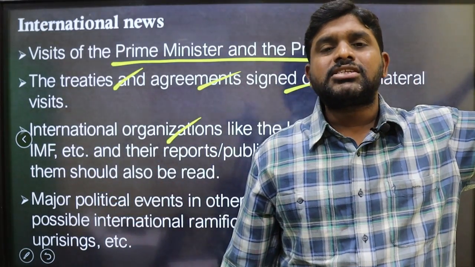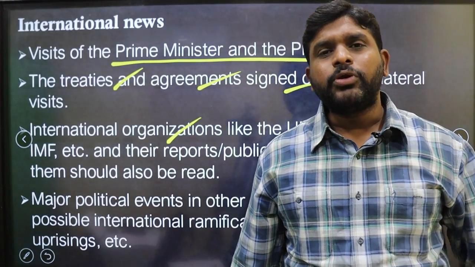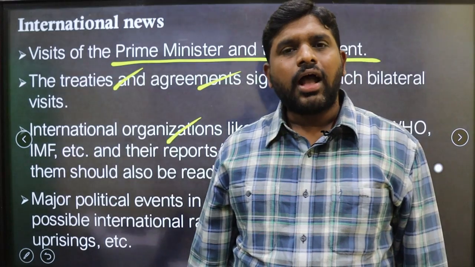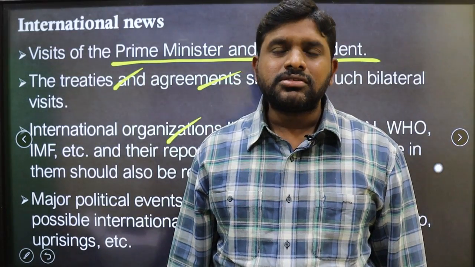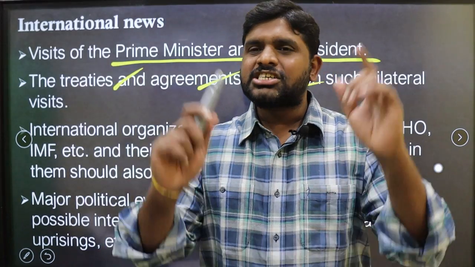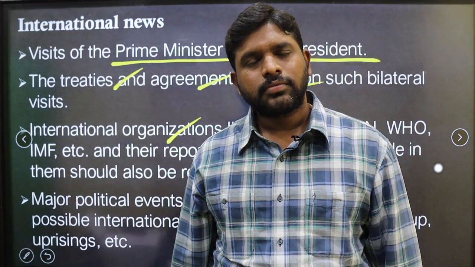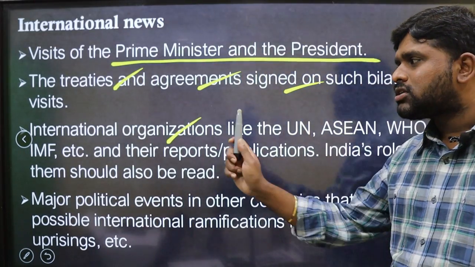For example, the Paris Climate Summit. We came with Intended Nationally Determined Contributions, committed agreements. So we are going to reduce our national carbon emissions. What are those? So those outcomes you have to focus on.